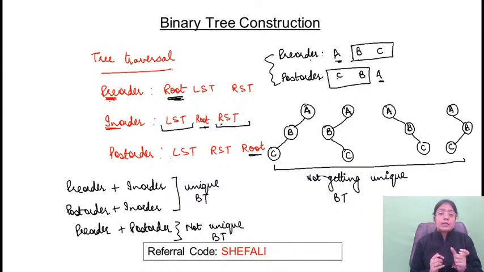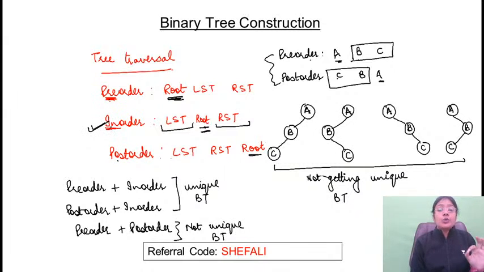Now the question arises: is only one sequence sufficient to identify? No. If Inorder is given to you, how will you identify which is a root node? Root node की position कौन बताएगा? Pre-order and post-order. And how many elements are present on the left side or on the right side? That will be identified with the root node. So in order to distinguish the elements of the left subtree and the right subtree, Inorder is a must.